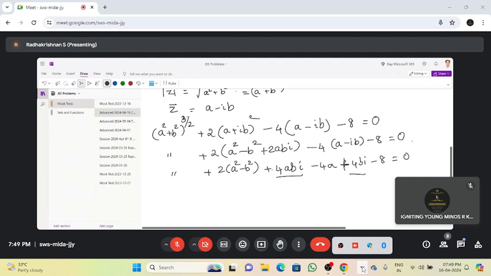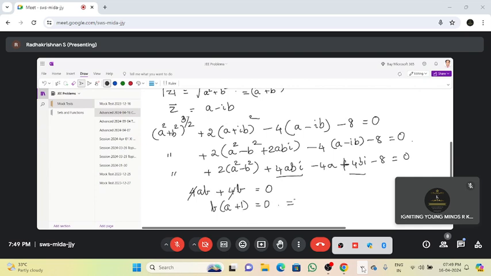So what is the imaginary part? 4AB plus 4B is equal to 0. Right? 4AB plus 4B equal to 0. We can cancel this 4, because 4 is non-zero, so we can remove it. So AB plus B equal to 0. B into A plus 1 equal to 0.